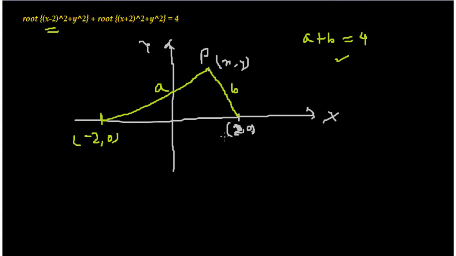Now, the important consideration here is, if (minus 2, 0) and (2, 0) are the points, then the distance between these two points themselves is 4 units, right?